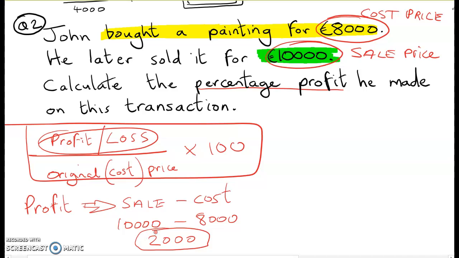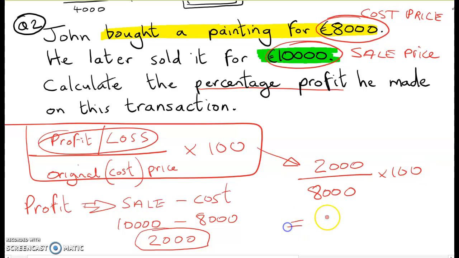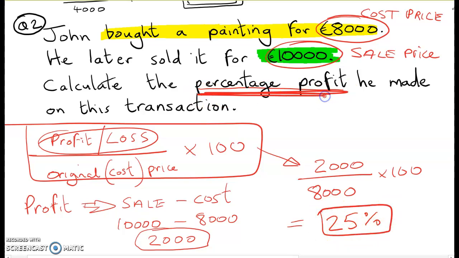So that's his profit. So it's 2,000 over the original price, and the original price was 8,000, times it by 100. When you do that, you get 25%. So that's the percentage profit he made on that painting.